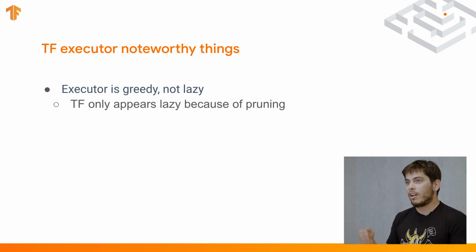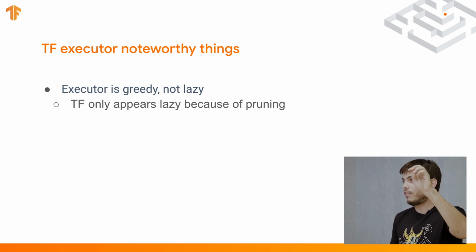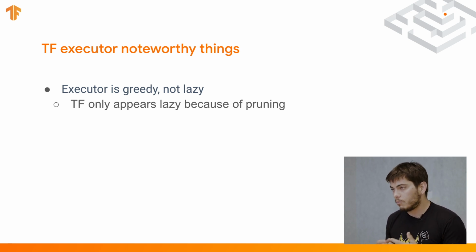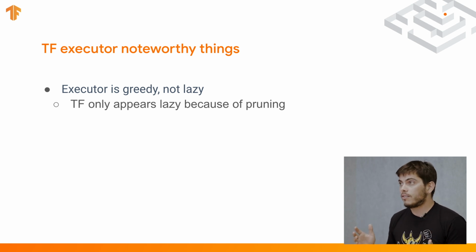Like my favorite: if you have a conditional, and one of the branches of the conditional depends on a value that is not in the conditional, that value is unconditionally executed, even if that branch is never executed. If the executor were lazy, that would not be the case. But the executor being greedy also makes it easier for you to reason about stateful operations, which is very nice, given that those exist.